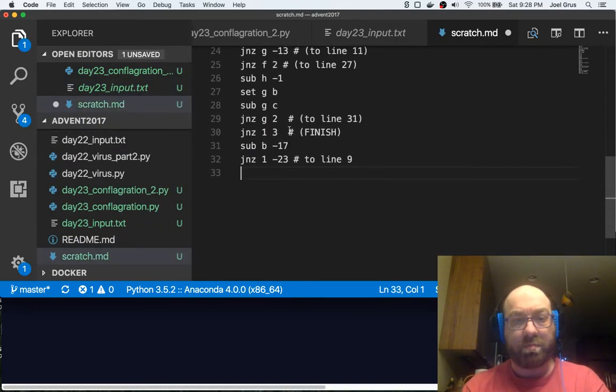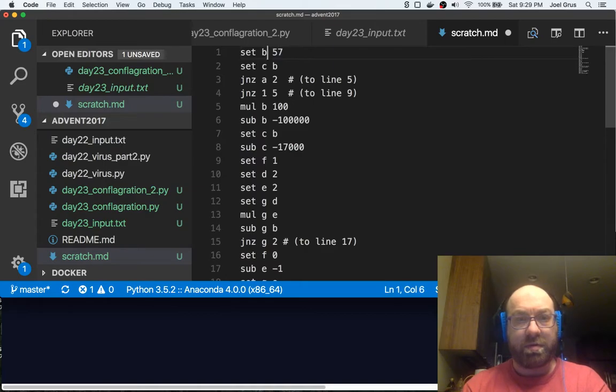Scratch.md. Okay, so let's just start this time by B equals 57. Set C to B. So C equals B. Here we know that A equals 1, so we want to go to 5.